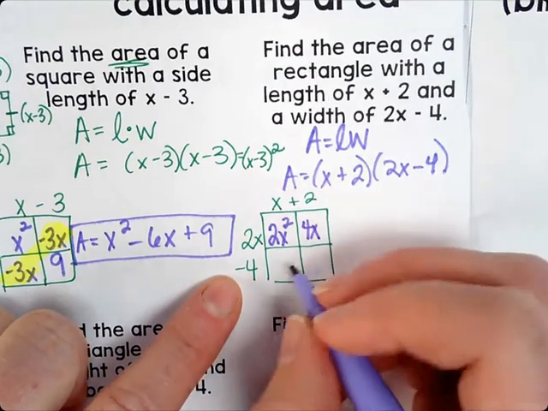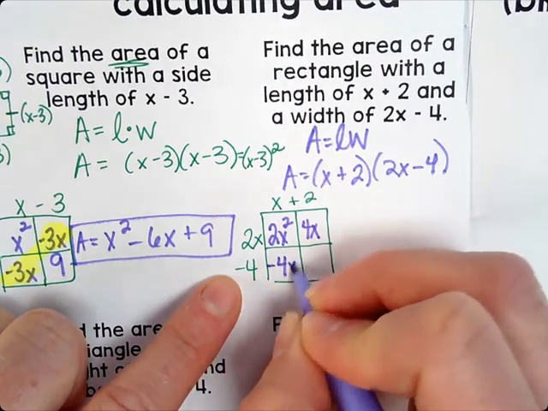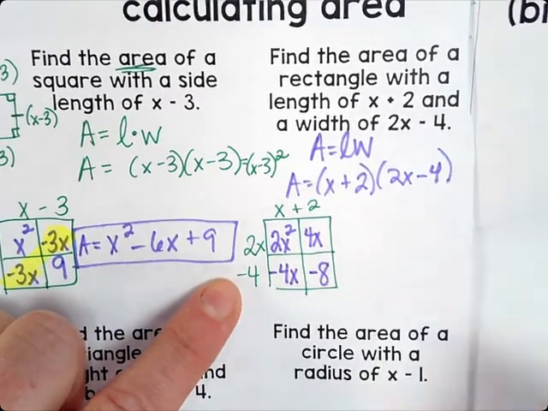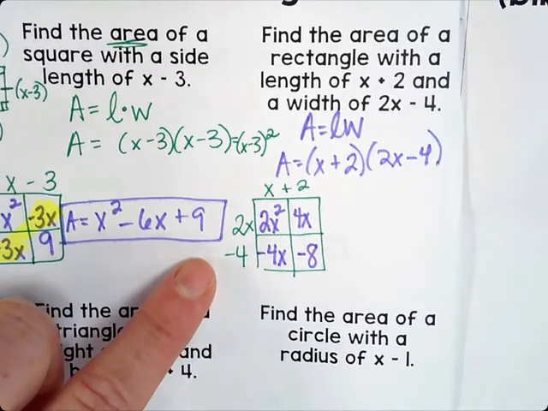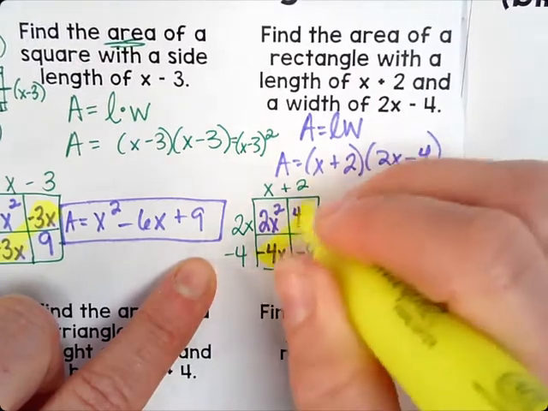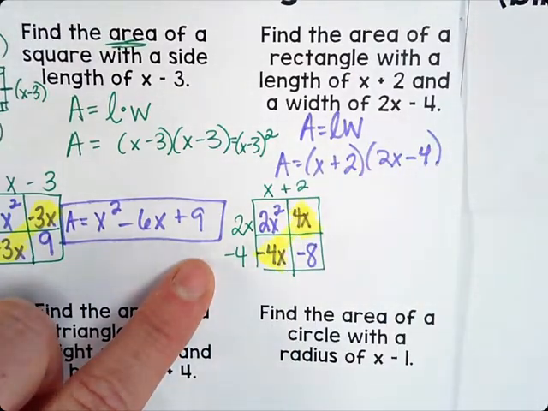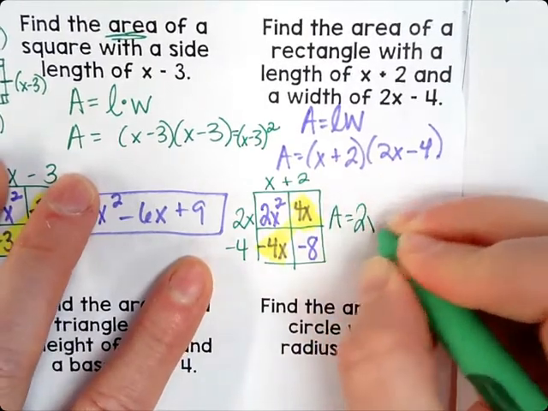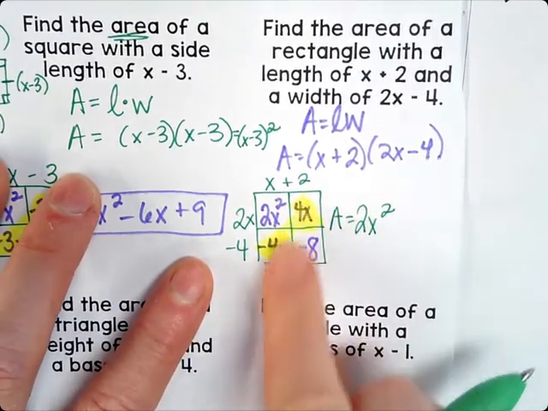Negative 4 times x, negative 4x. And negative 4 times 2. So this will be area equals 2x squared.